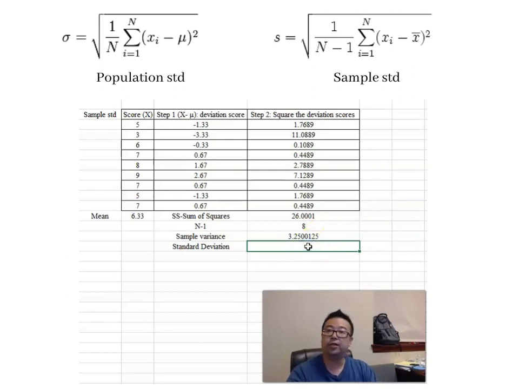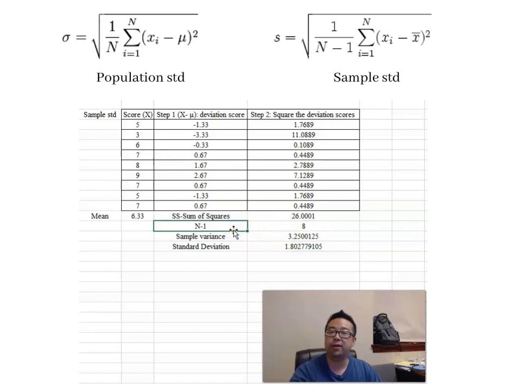And the sample standard deviation is the square root of the sample variance. So 1.8. It's a little bit bigger than the 1.7 we had for the population standard deviation because we have the adjusted denominator. So when we calculate sample standard deviation, you need to make sure that you are using n minus 1 instead of n. All right?